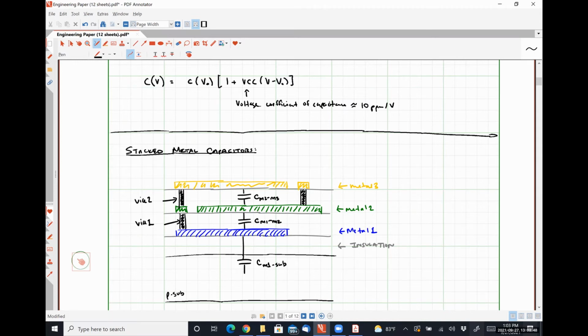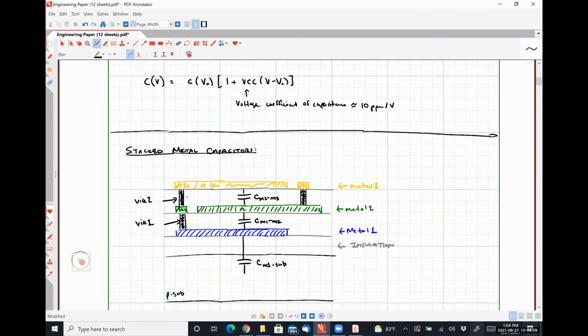How are the capacitances between metal 1 and metal 2 and the capacitor between metal 2 and metal 3 electrically connected? They're in parallel, right? If we consider the path down this left-hand side here through those vias, those stacked vias and all that kind of stuff, to be an electrical conductor, and it absolutely is, then we have a stacked capacitor, right?